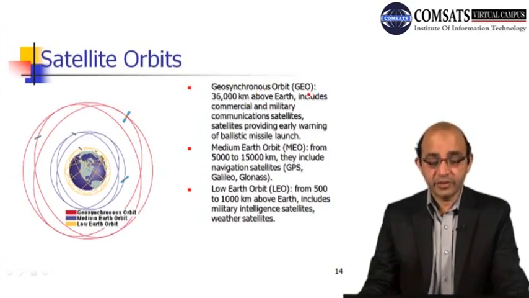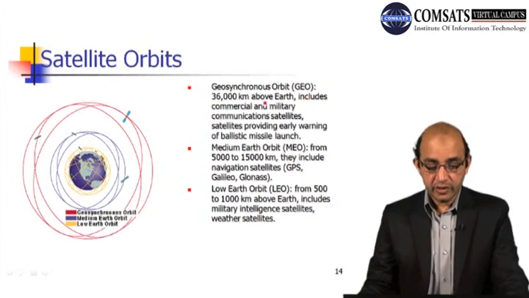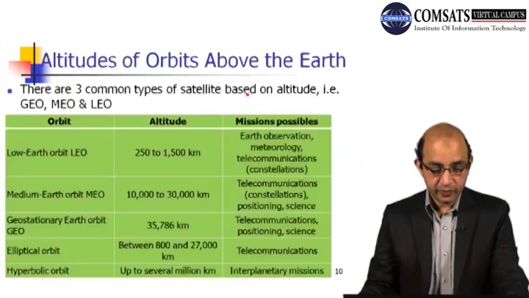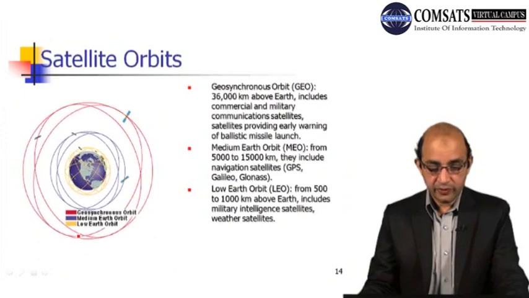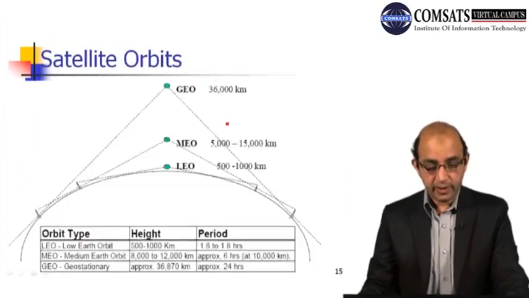Sometimes in literature you can find geostationary or maybe geosynchronous. Here we have mentioned geostationary, and here you can see we have geosynchronous orbit, right? So you can see the orbit type, height and period.